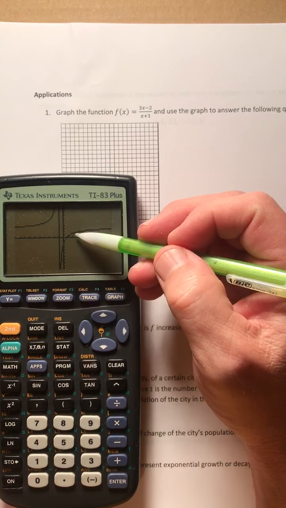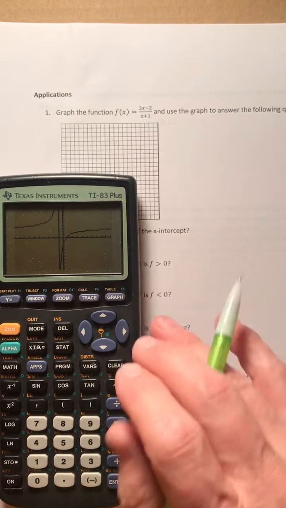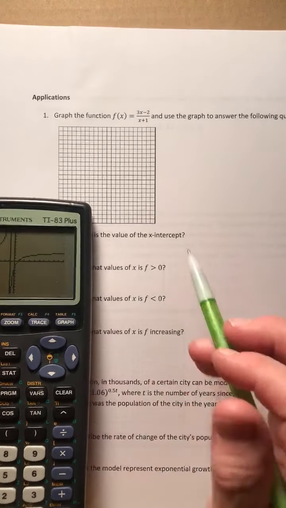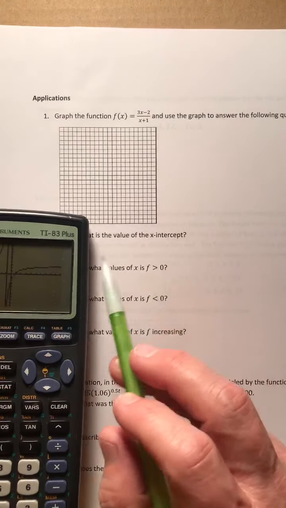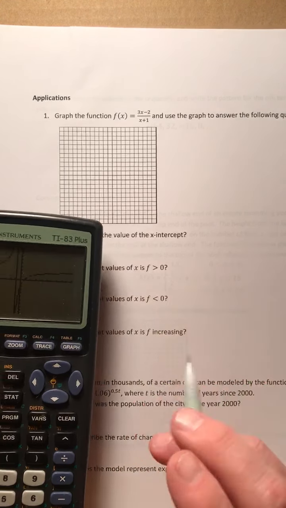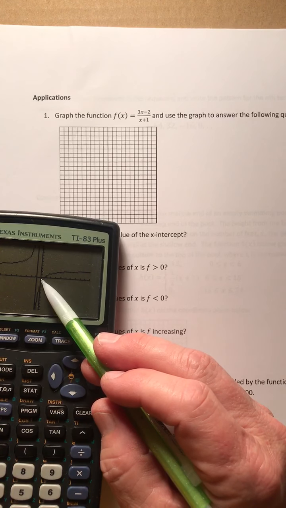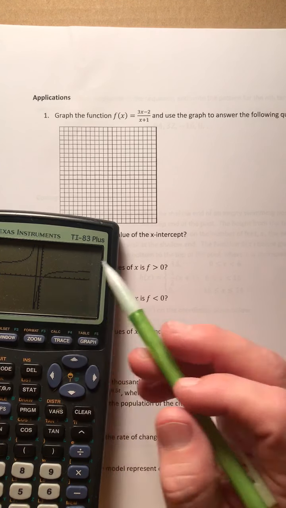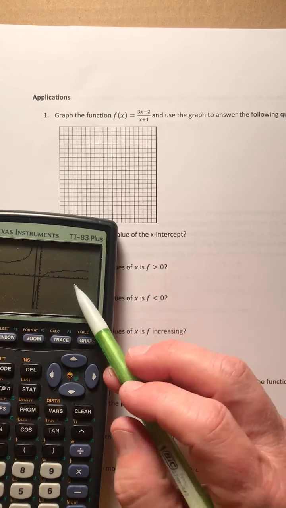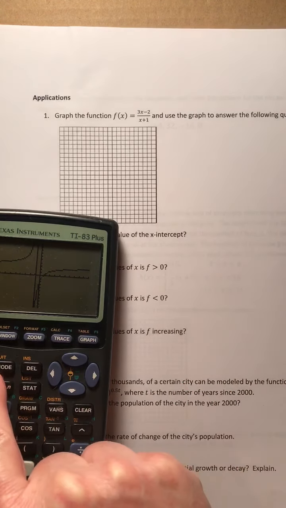It just connects these two. So this line does not count as part of what it's asking you. So the first thing it asks is, what's the x-intercept? Well, I can see the x-intercept right there, but to be sure, it's going to be when y is 0. So I want to know when y is going to be equal to 0.